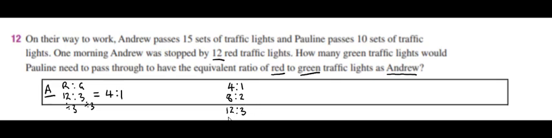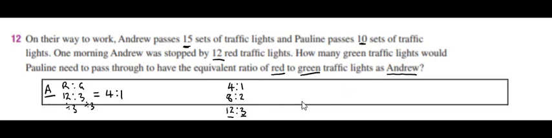Now, just as the 12 to 3 one was right for Andrew because there were 12 red to 3 green, and 12 plus 3 added up to 15, if you look at the one before that, 8 plus 2 adds up to 10 sets of traffic lights, of which 8 would have been red and 2 would have been green.